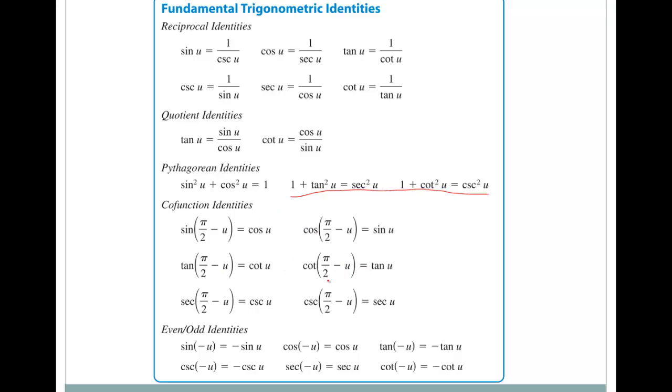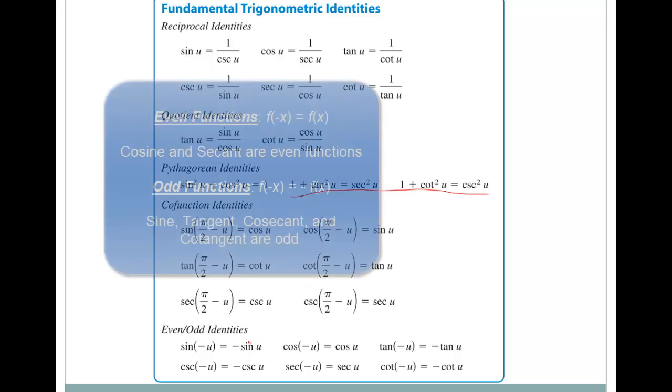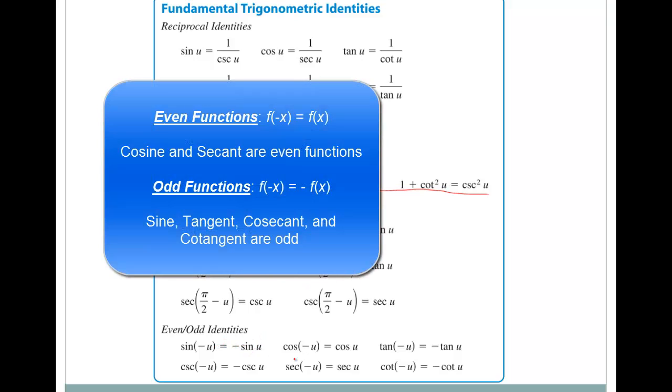Make sure you understand them, and the even and odd identities, and understand that secant and cosine are both even functions. These two are even right here, and the others are odd. And remember, a function is even if f of negative x is equal to f of x.